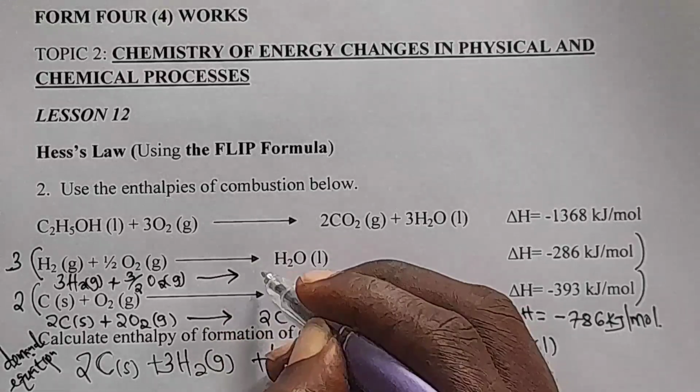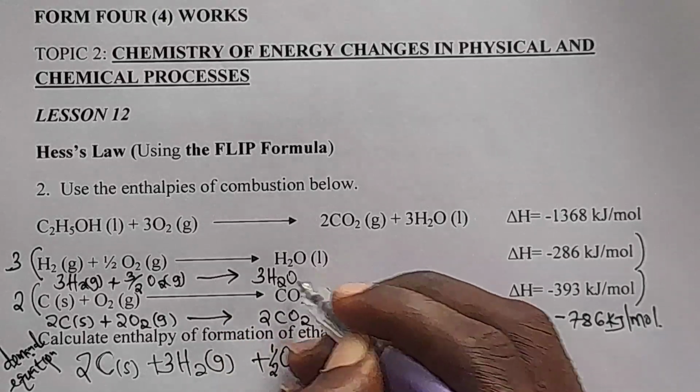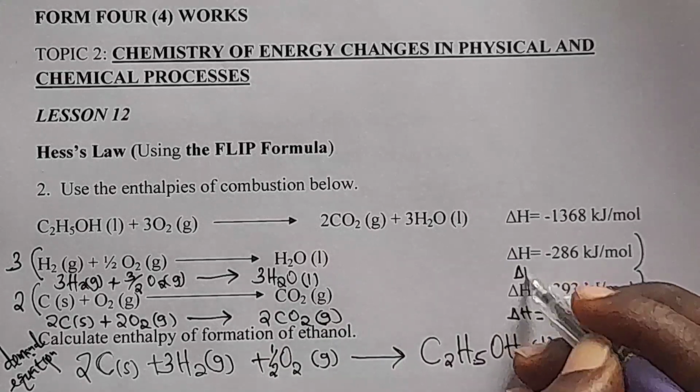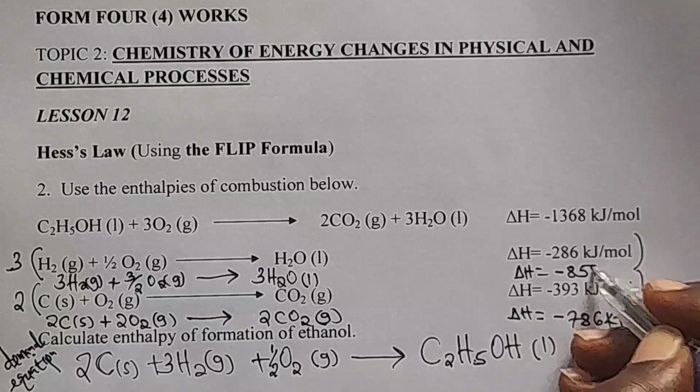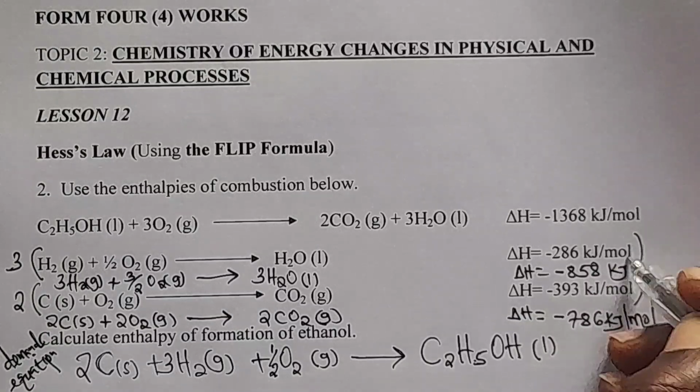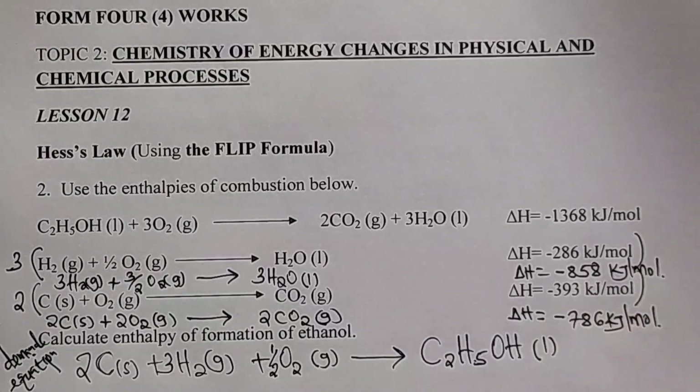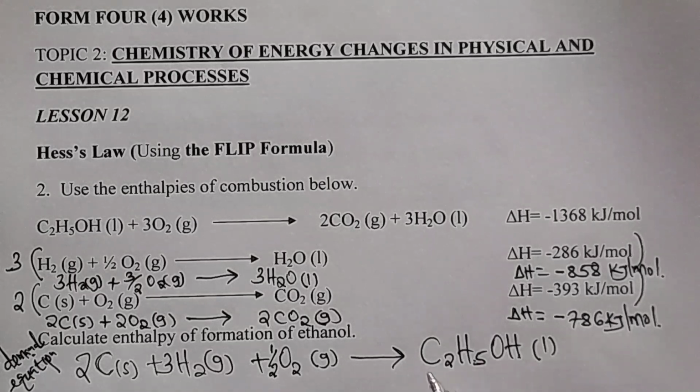So arrow, we are going to get 3 mole of water, which is liquid, and the enthalpy change here multiplied by 3 will be negative 858 kilojoules per mole.